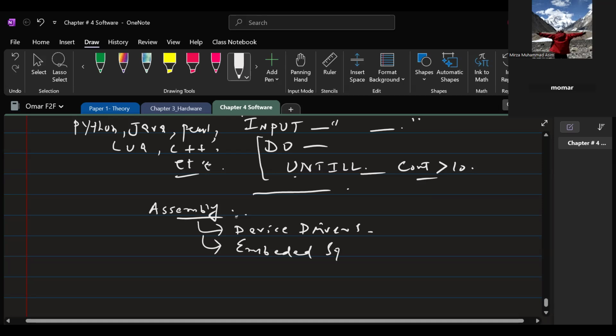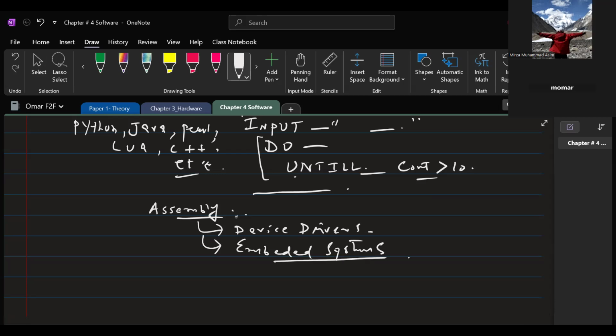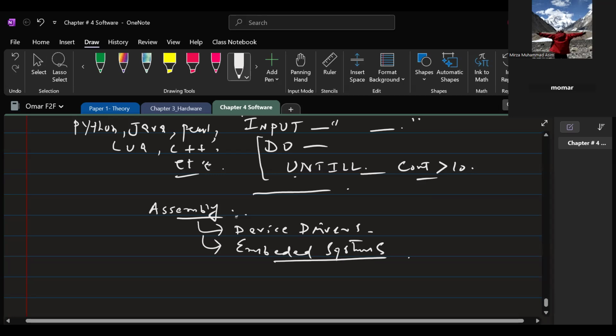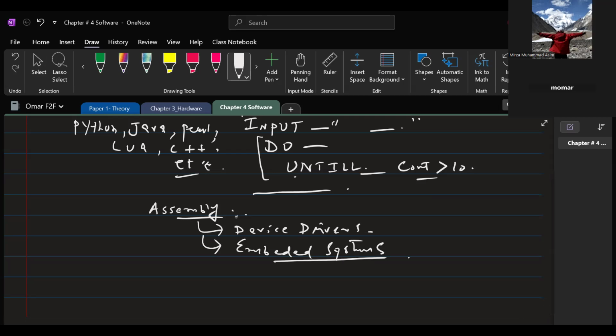That is very efficient because it is very close to machine language. So assembly language is very efficient and very fast. That's why developers write programs for device drivers in assembly language rather than writing in C++, Lua, Perl, etc.